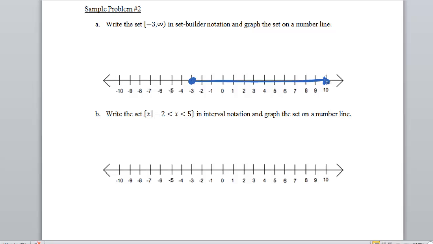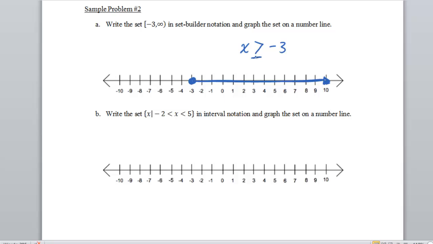Now what we need to do is write that as an inequality, if you will. And so we have all of the x values that are going to be greater than -3. The closed circle, or the bracket, also suggests that it could be equal to -3.